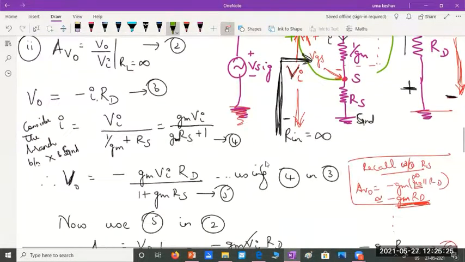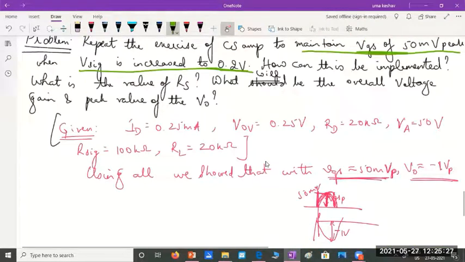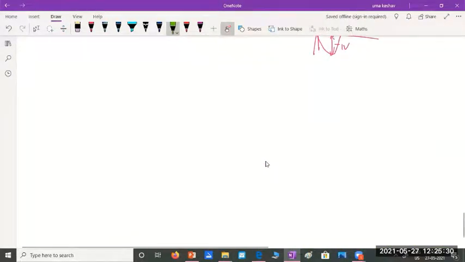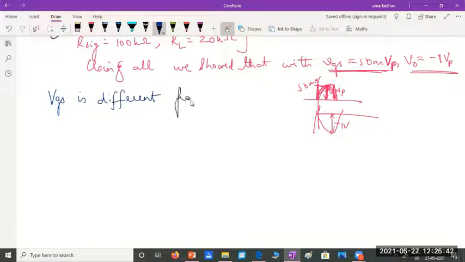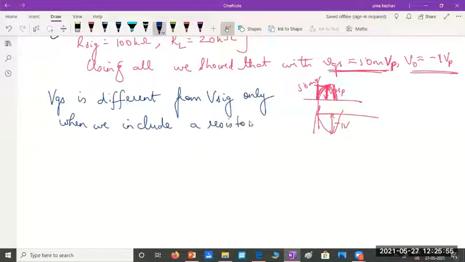Please remember that. So you say VGS is different from Vsig only when we include a resistor RS in the source.